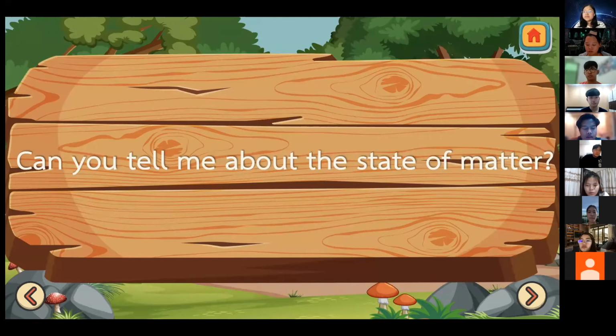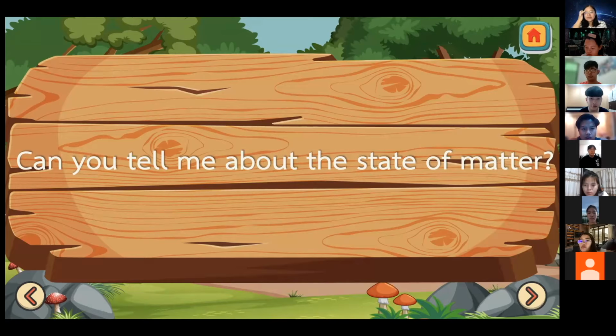Can you tell me about the state of matter? I want to hear from Taro. Can you read this sentence to me and to your friends? Can you tell me about the state of matter? Okay, great.